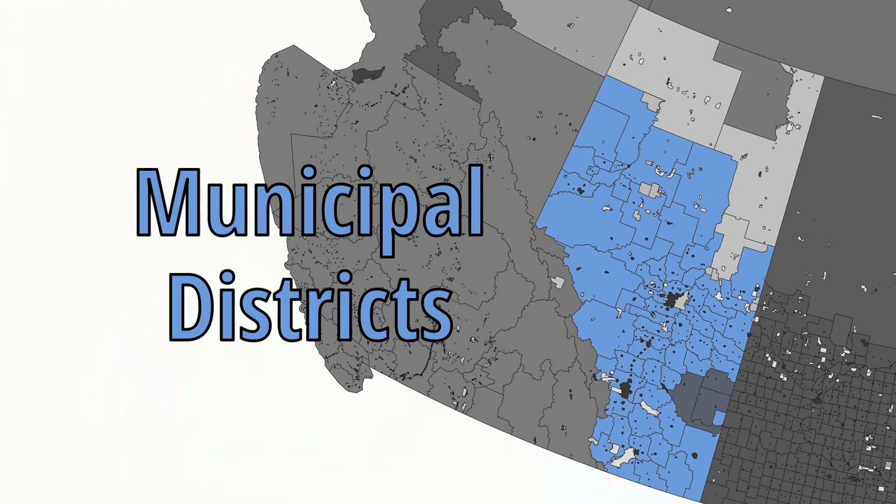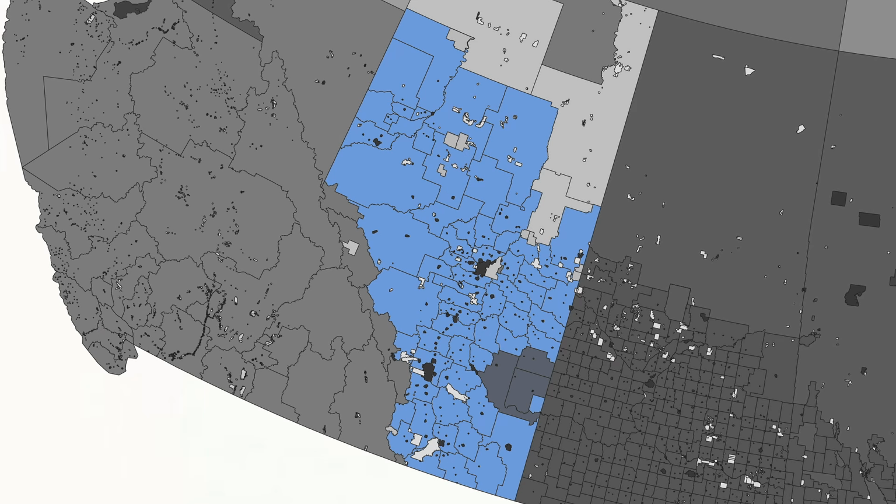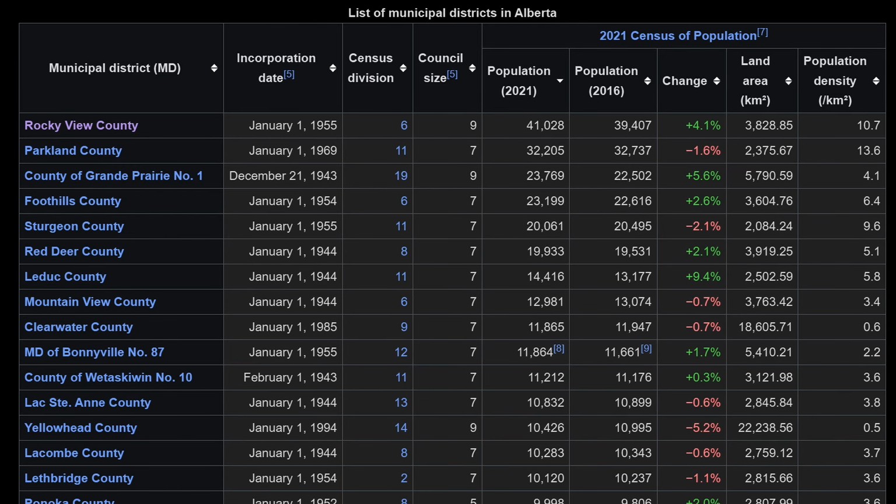Next, we have municipal districts. These municipal districts are commonly called counties in Alberta, but this is merely their name, and county isn't an official designation. They are similar to the urban municipalities, but represent more rural areas. They need to have a population of 1,000 people to incorporate, but do not have the same population density requirements.